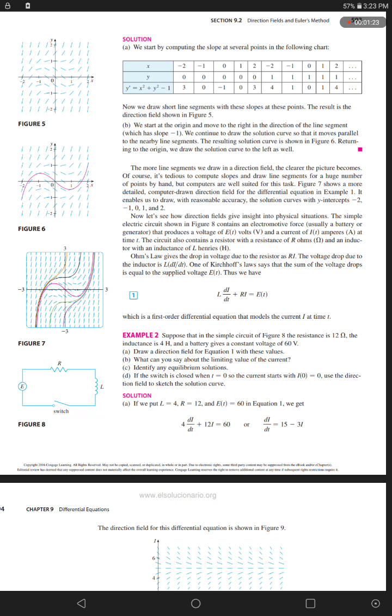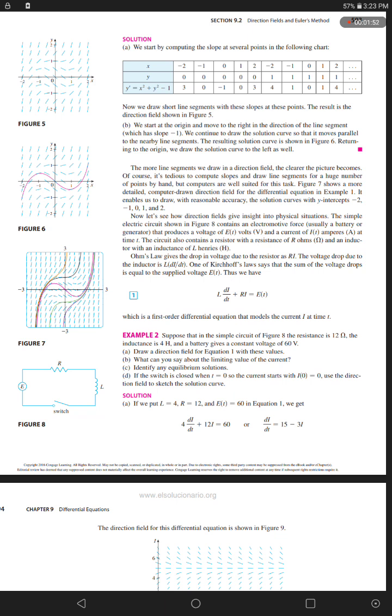Figure 7 shows a more detailed computer-drawn direction field for the differential equation in example 1. It enables us to draw with reasonable accuracy the solution curves with y-intercepts -2, -1, 0, 1, and 2. See figure 7.